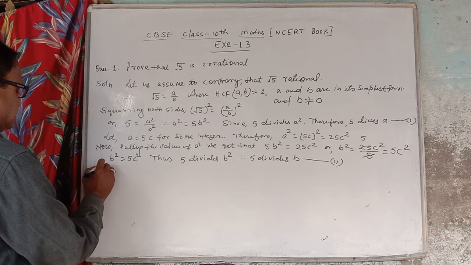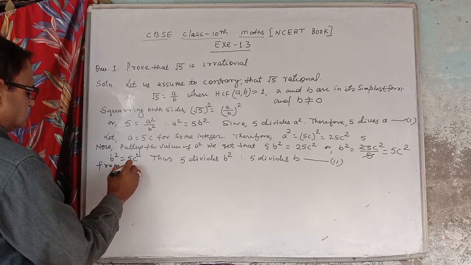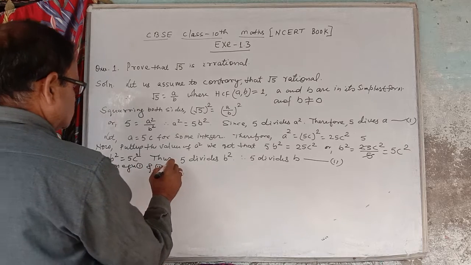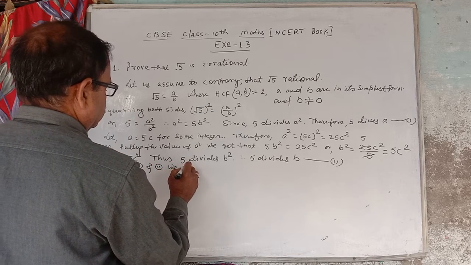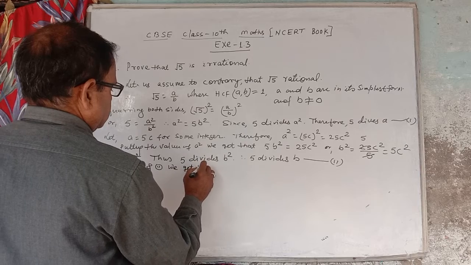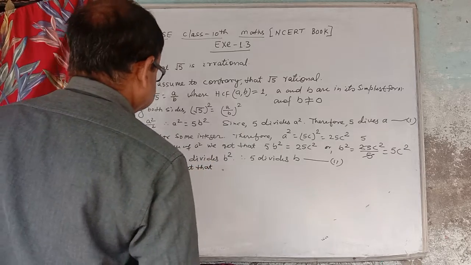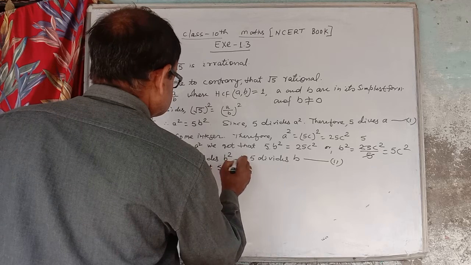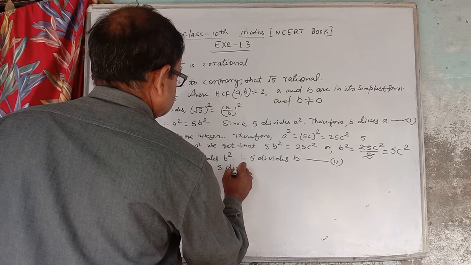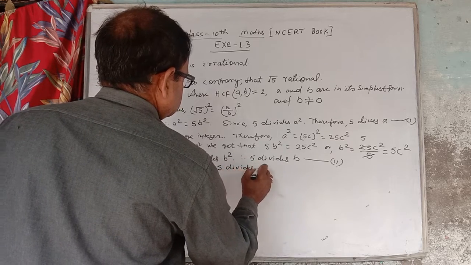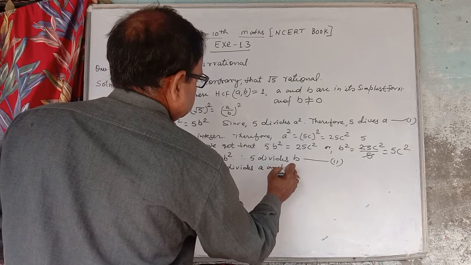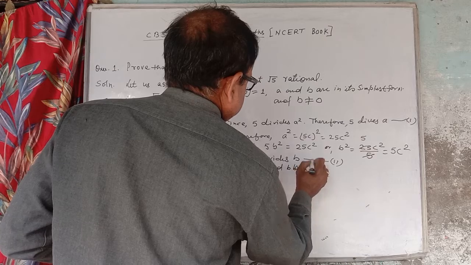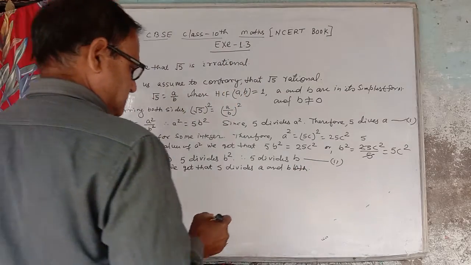From equation first and second, we get that 5 divides a and b both.